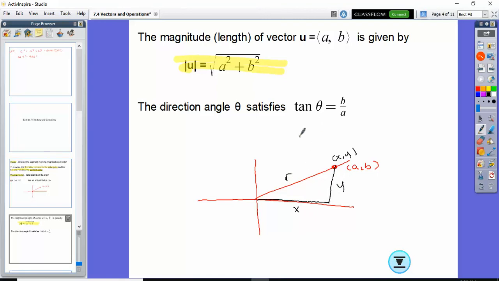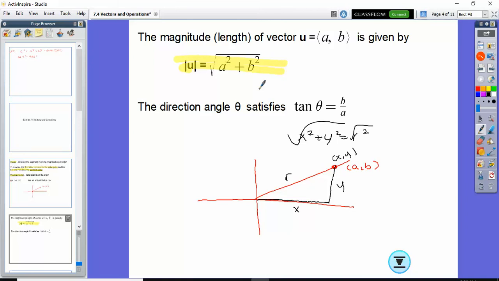When we solved for R, we said X squared plus Y squared equals R squared. So R was the square root of X squared plus Y squared. It's the same thing, except they're using A and B instead of X and Y. It's just talking about the length of that vector, and since it's centered at the origin, it's just from the Pythagorean theorem.